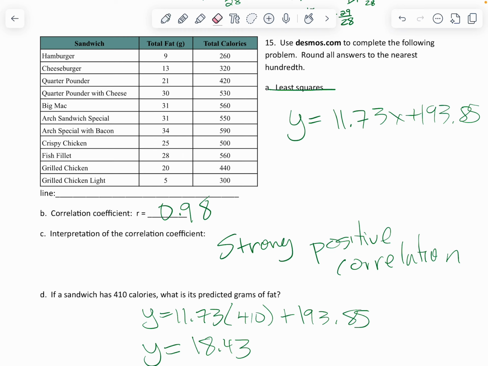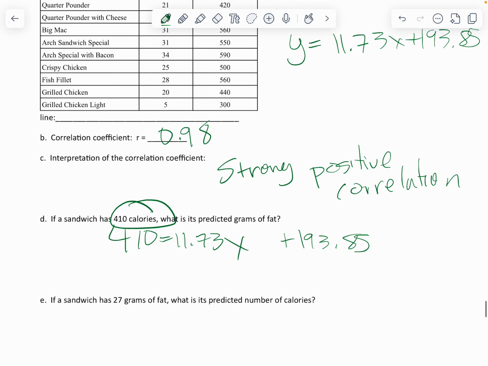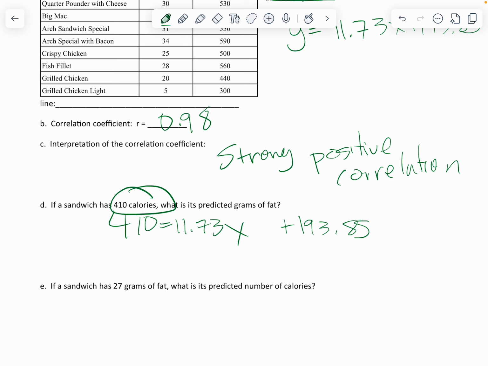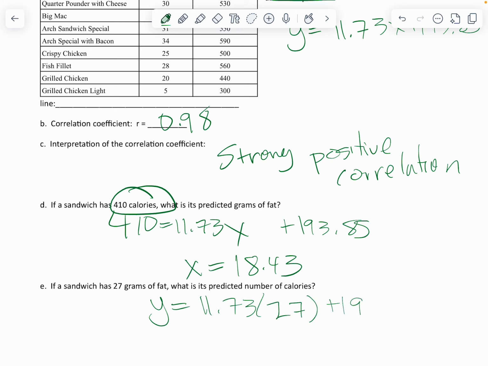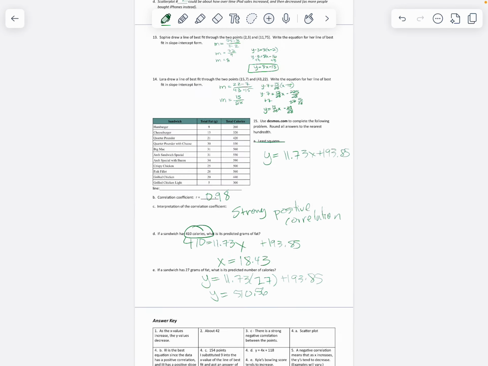I apologize. I was going to say that came out really wrong. This should be 410 because this is calories and that's the Y value. And that should come out to the 18.43. And then this one, you plug in 27 for x. 3.85, and you should come out with 510.56. There you go.